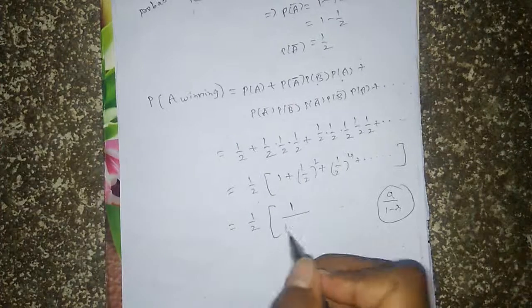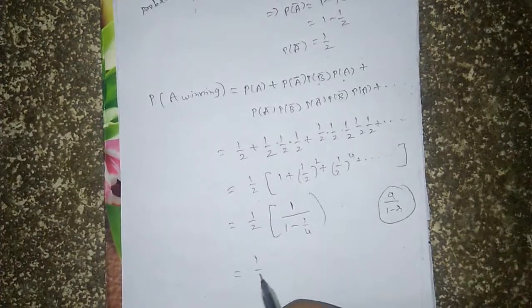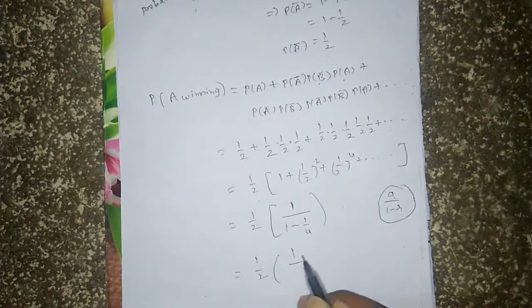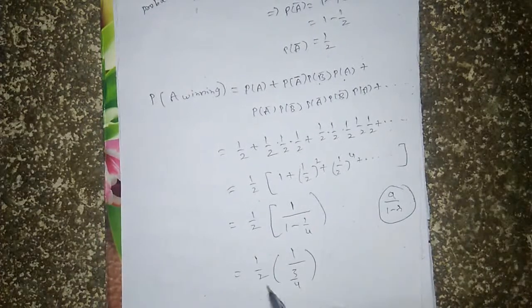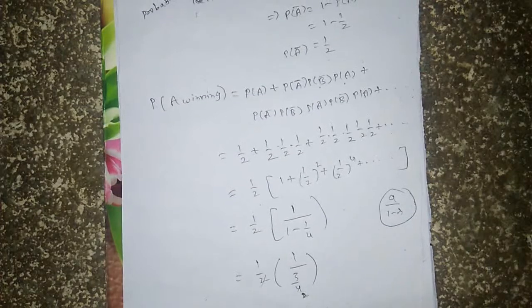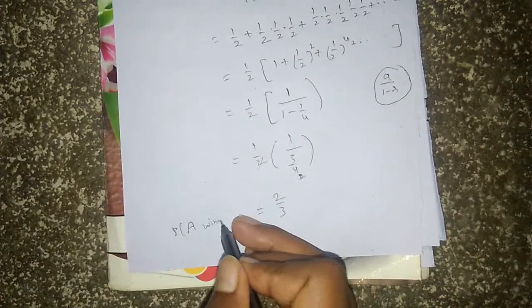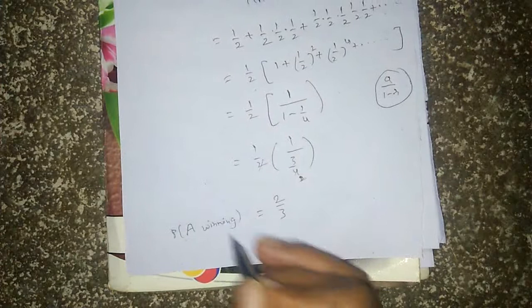This is 1 by 2 into 1 by 1 minus the common ratio, 1 by 2 square, that is 1 by 4. This is 1 by 2 into 1 by 3 by 4. 2 and 2 get cancelled. That is 2 by 3. Probability of A winning is 2 by 3 if A starts the game.